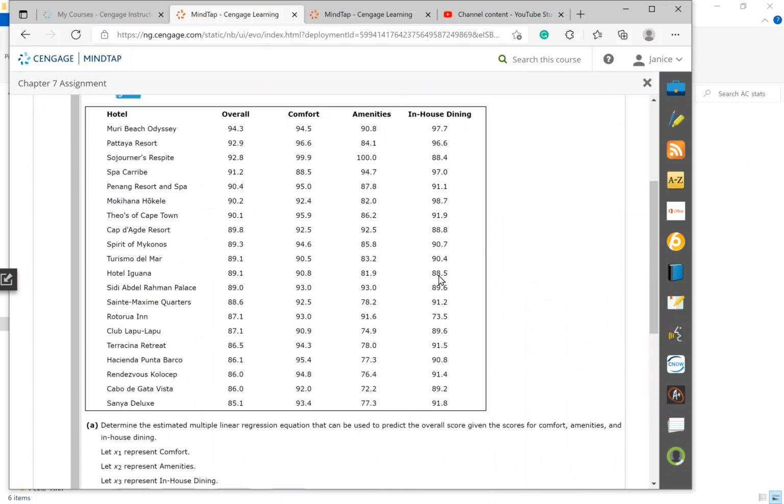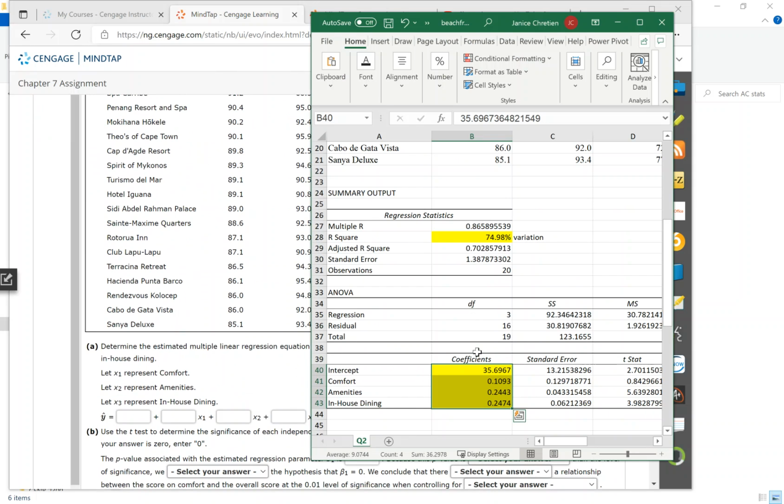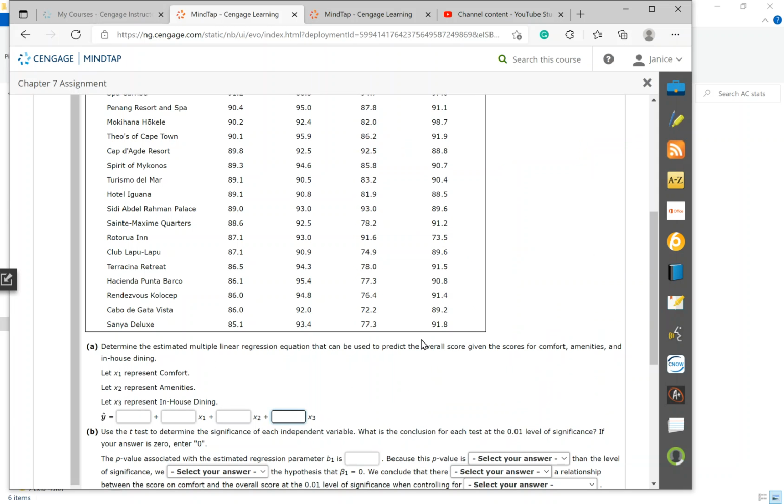Oh, round to 3 decimals. So let me take this down one more. So this is going to be 35.697. My x1, which is comfort, is going to be 0.109. My x2, which is amenities, is going to be 0.244. And x3 is in-house dining. In-house dining is 0.247.